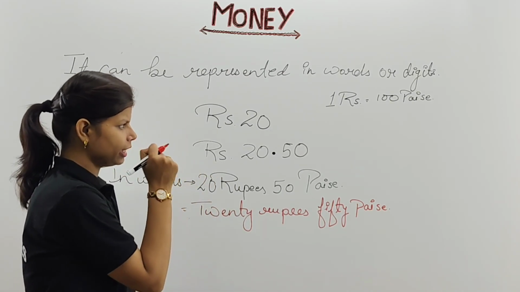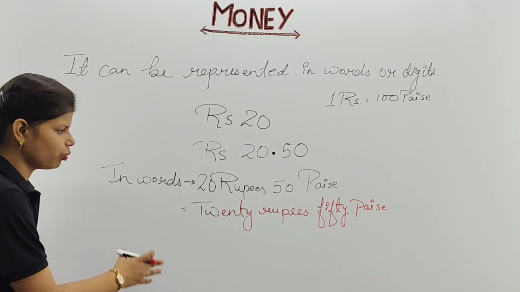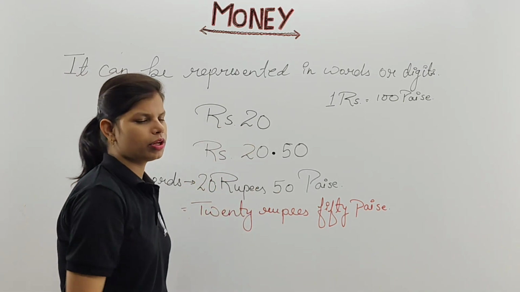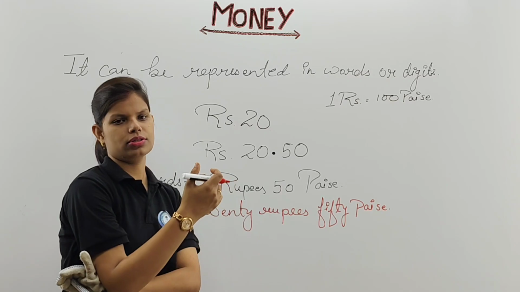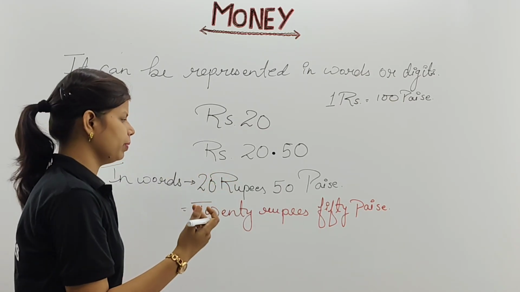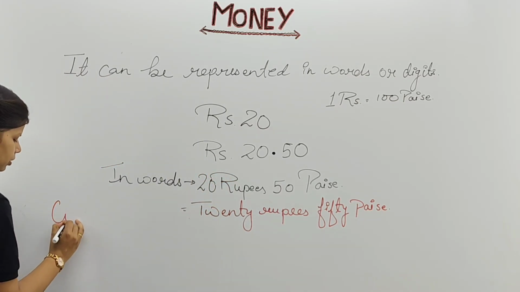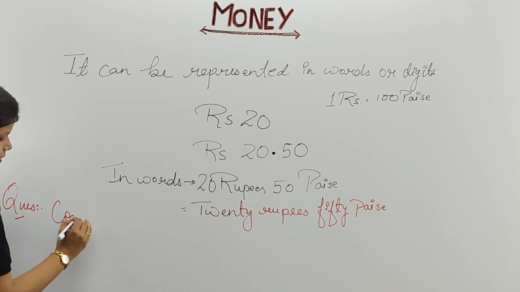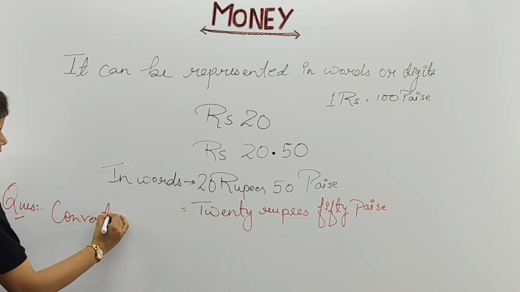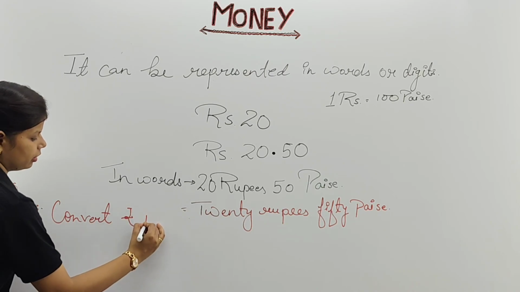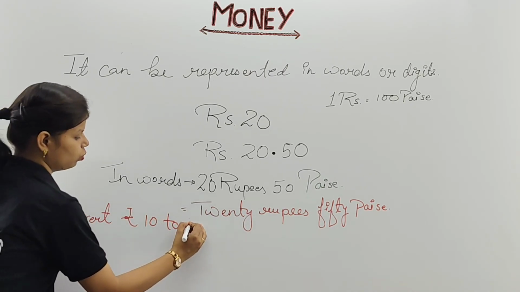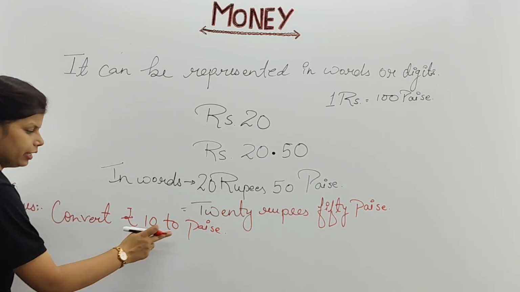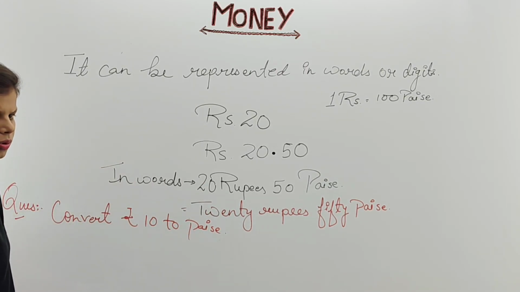Another point is, if somebody gives you a question to convert money. For example, this will be your first question: convert rupees 10 to paise. Now 10 rupees is your bigger unit and paise is your smaller unit. So what are you going to do?